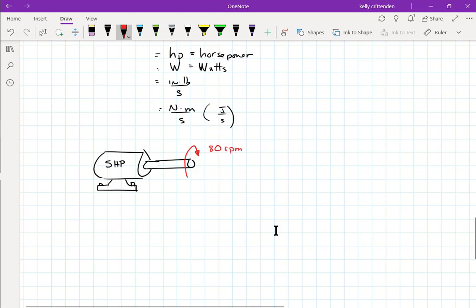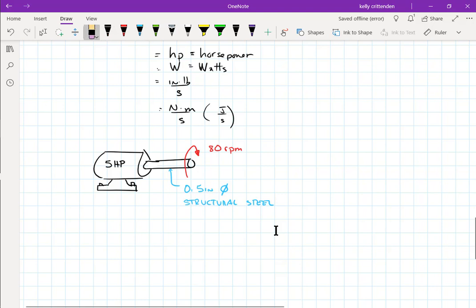So 5 horsepower motor spinning at 80 RPM. It's got this little output shaft that's connected to something. We don't know what, but let's say that this shaft has a diameter of, now we're back over in the US system, so let's make it 1/2 inch diameter. And we'll make it our generic little structural steel material.